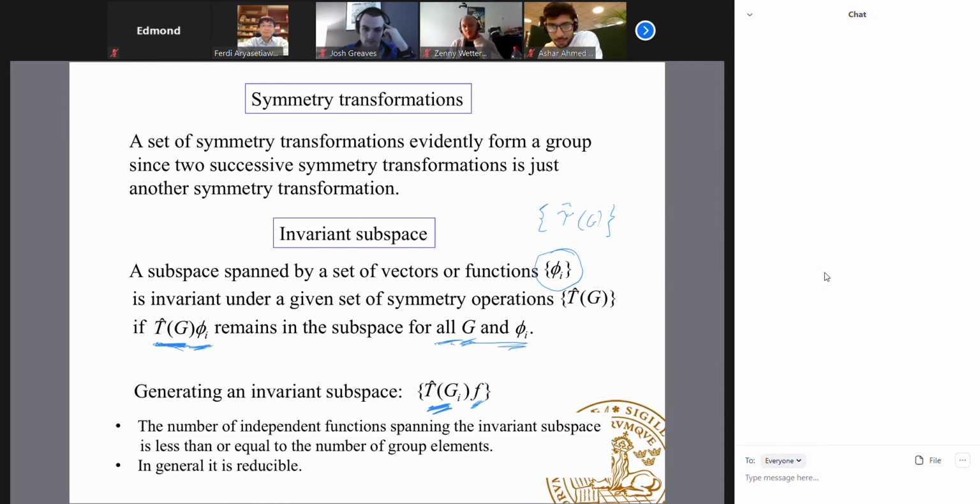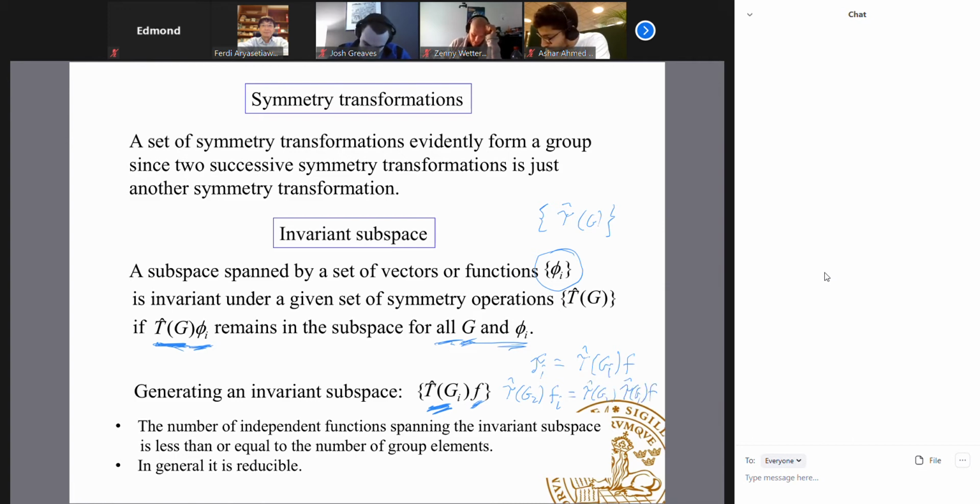Well, this is kind of clear, because if I take any of these functions, let's say fi equal to tg1 f like this, then if I operate on this by another symmetry operator, it will be just tg2 tg1 f.